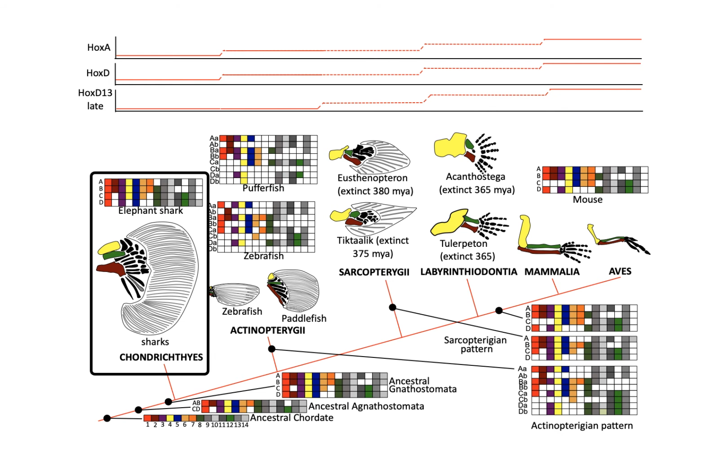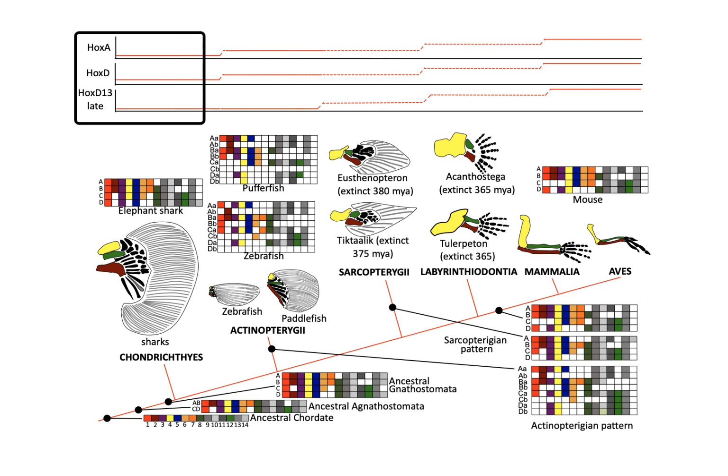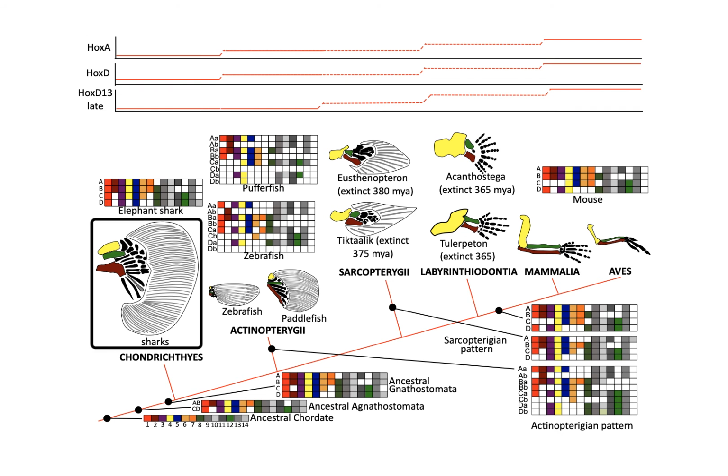And so in the sharks, chondrichthyes, you have this situation where there are 4, and furthermore, there's a low concentration of Hox D13, which makes more of those fingers or toes, whatever, those bones in the hand or fins in this case.